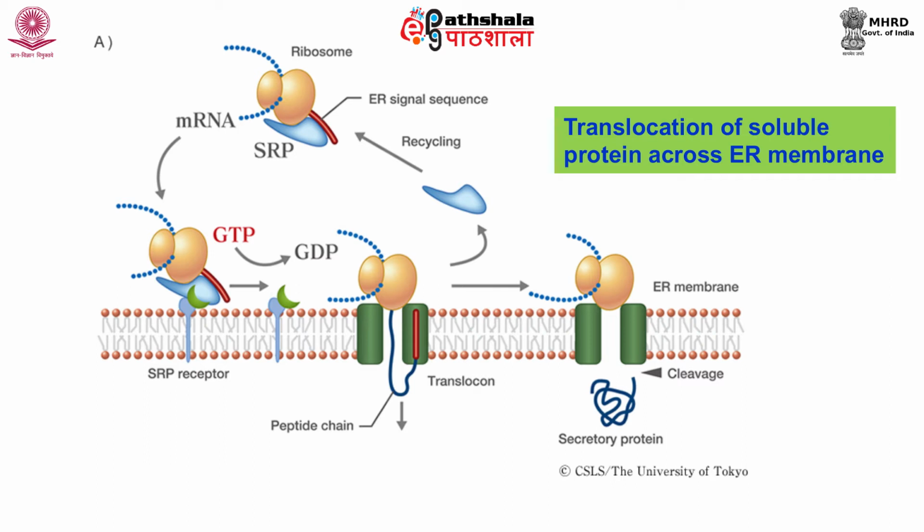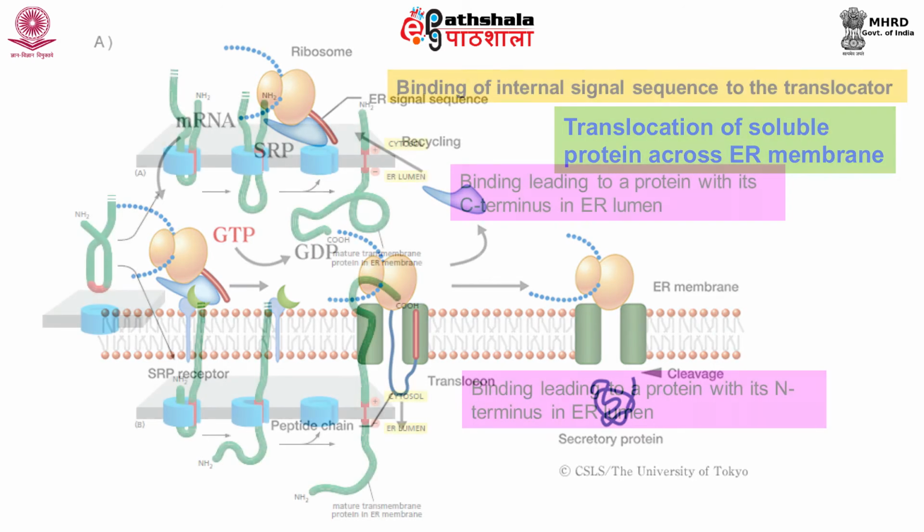After the protein has been completely translocated, the pore closes, but the translocator now opens laterally within the lipid bilayer, allowing the hydrophobic signal sequence to diffuse into the bilayer where it is rapidly degraded.